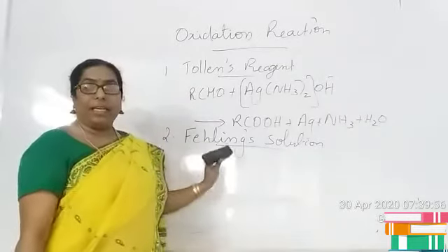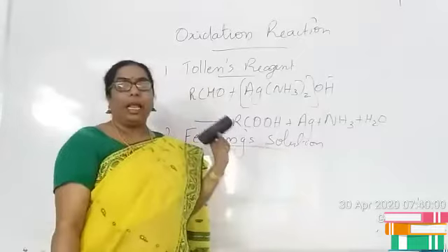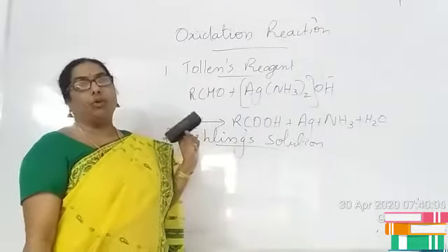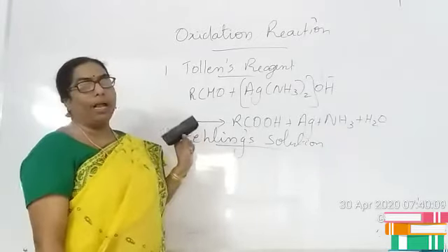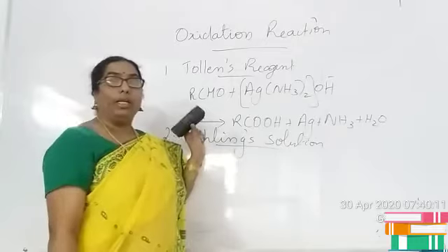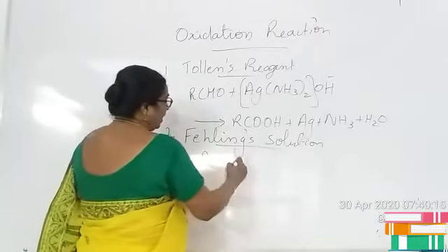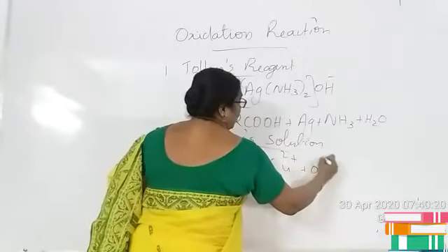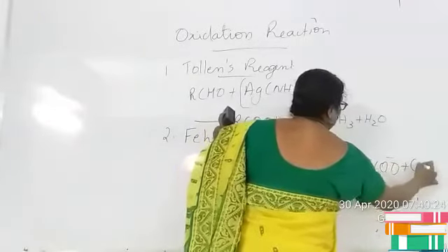We can say that Fehling's solution is a mixture of Fehling's solution A and Fehling's solution B, where Fehling's solution A is copper sulfate solution and Fehling's solution B is sodium hydroxide which contains sodium potassium tartrate. So an aldehyde on reaction with Fehling's solution gives a red precipitate of copper oxide.